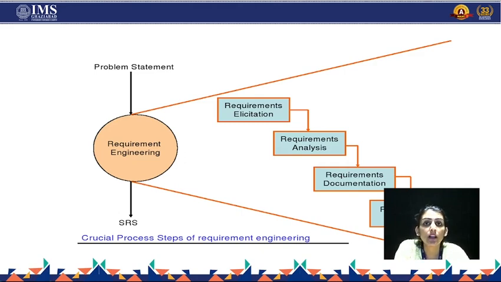It's like a contract which is signed between the customer and the developer, so that when the final software is delivered, the customer doesn't come up with a new requirement, saying, oh, you have not delivered me this thing.